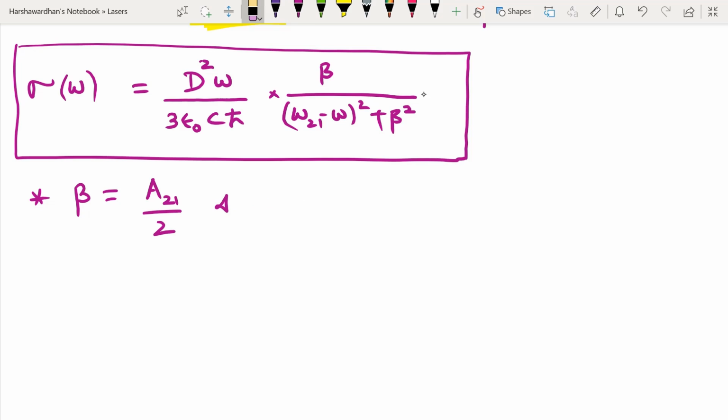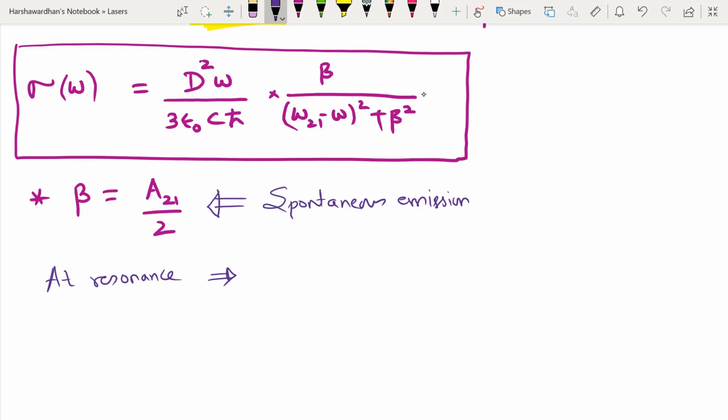One can have other contributions to beta, right? But if the contribution is from spontaneous emission only, then this would be the form of the decay. So now you see, if I'm looking at resonance, then sigma at omega 21 equal to omega, at omega equal to that, it's at resonance.